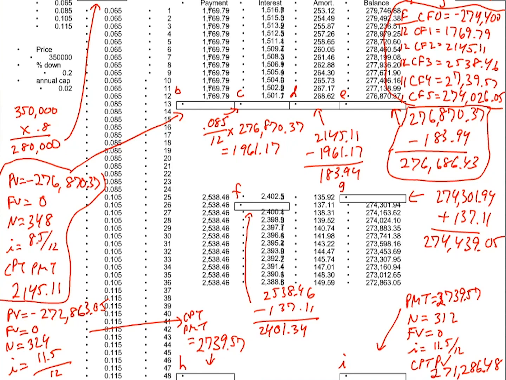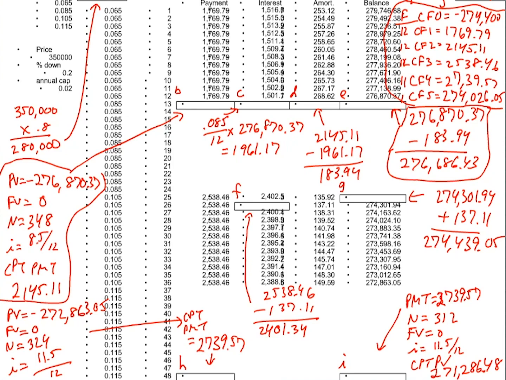In H, which is the next one we're looking for, we need that very last payment in the 48th month. Well, for this case, it doesn't matter. We just need to use the balance at the end of the 36th month, because the payment is the same from the 37th month to the 48th month. So our present value is $272,863.05, which is just the balance at the end of the 36th month.